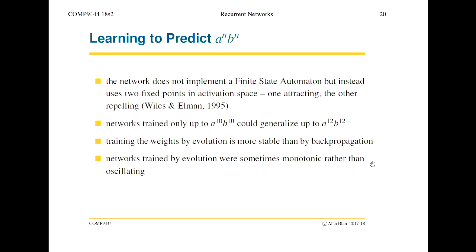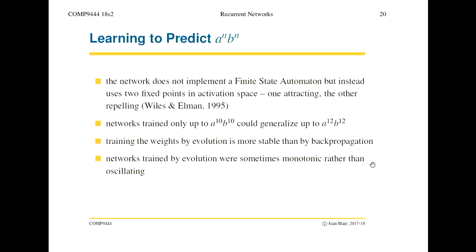So in some cases, you train it up to a to the 10, b to the 10, but it could correctly also predict a to the 11, b to the 11, and a to the 12, b to the 12, even though it wasn't trained on sequences that long.